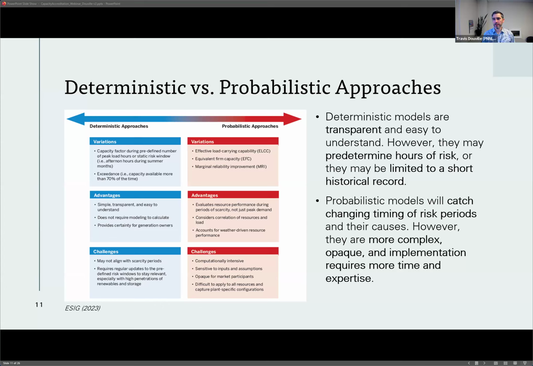Probabilistic models, on the other hand, will catch these different risk periods and typically be able to run enough weather and supply variability that statistically meaningful conclusions may be drawn, but they do so at the expense of complexity. They may be more difficult to understand, communicate, implement, and you can see elements of the 5 principles echoing here.